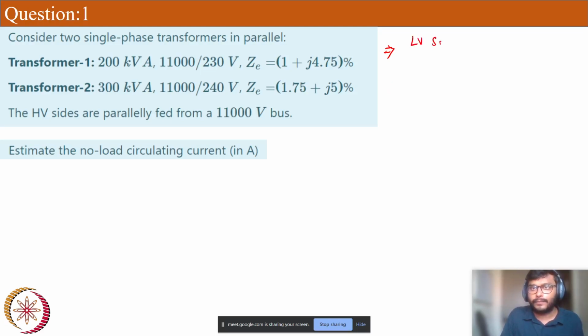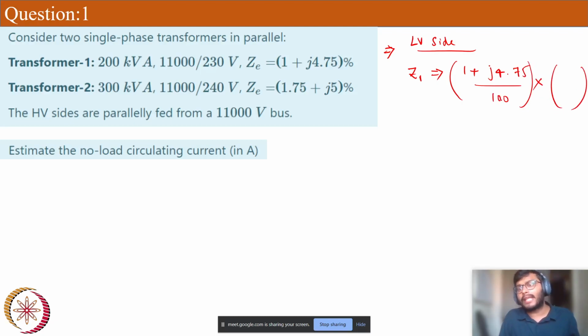Now on the LV side, my Z1 will be, what was the percentage impedance of transformer 1? 4.75 j, that is percentage, multiplied by actual ohms, that is LV side voltage divided by LV side current. What is the LV side voltage? 230, divided by current.